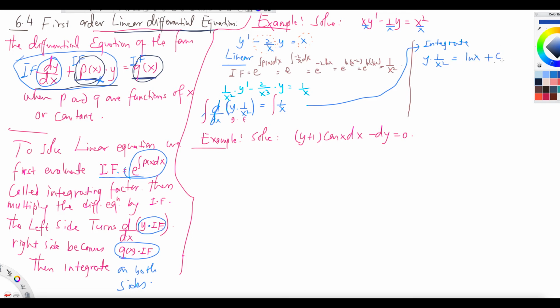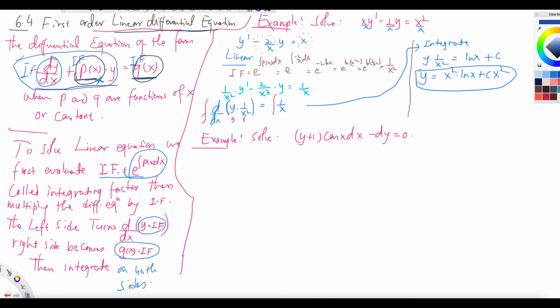For this natural log of x, you can write c as natural log of c so that you can combine, or leave it like that, not a problem. Now because I want to solve for y, I need to multiply by x squared on both sides. What do you get? y equals x squared times natural log of x plus c x squared. That is the final answer.